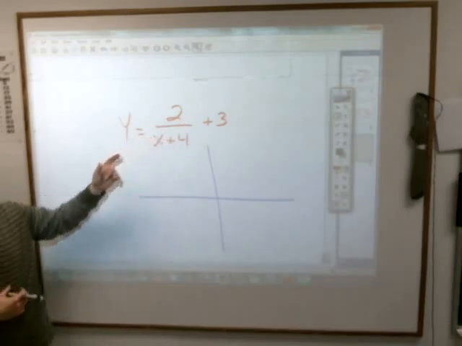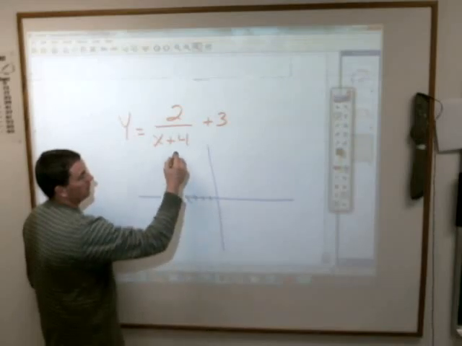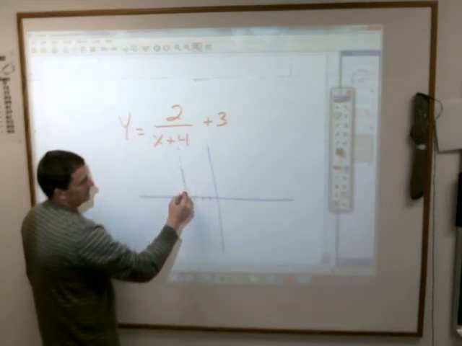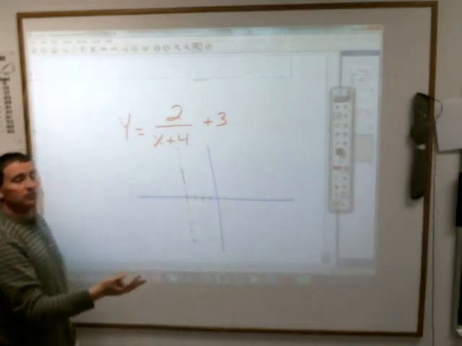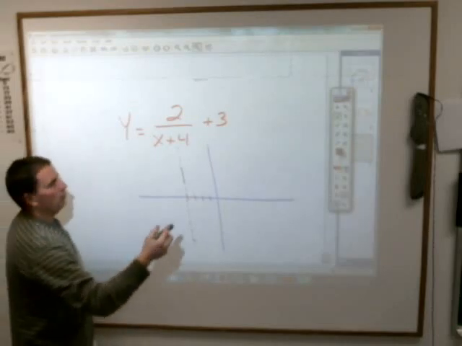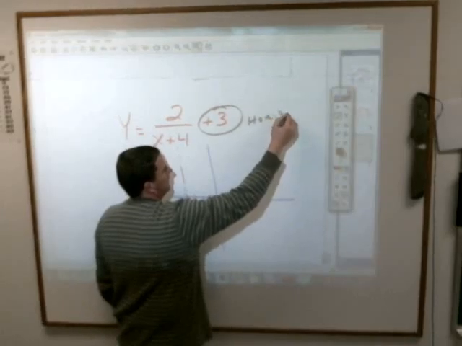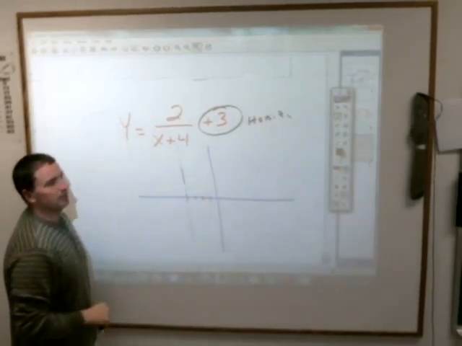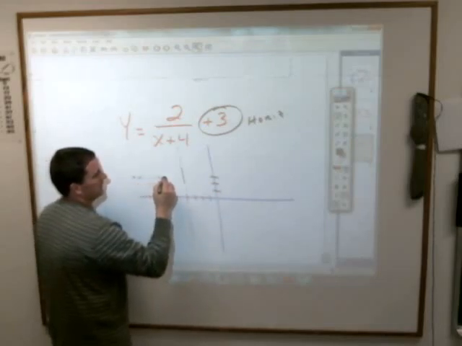Negative 4. So here at negative 1, negative 2, negative 3, negative 4, you draw a dashed line straight up and down, because that is the vertical line that this graph is going to approach but never cross. The second line is the horizontal asymptote, and that is at positive 3, which means here at 1, 2, 3, you put a dashed line.